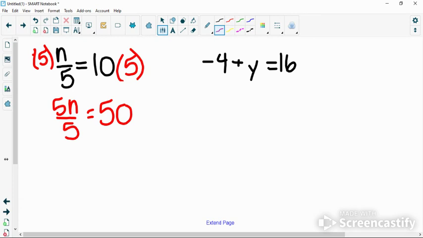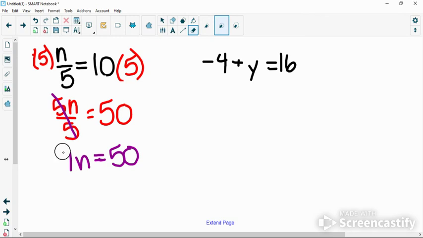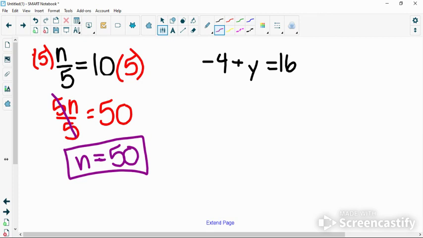What you could have done is, instead of showing this 5 on top and 5 on bottom, you could have shown that they reduced down to 1 n. But then again, we don't leave that n in front. So n equals 50.